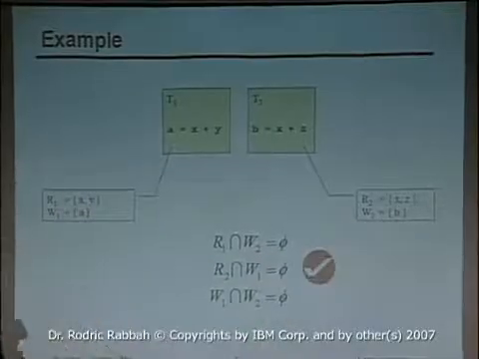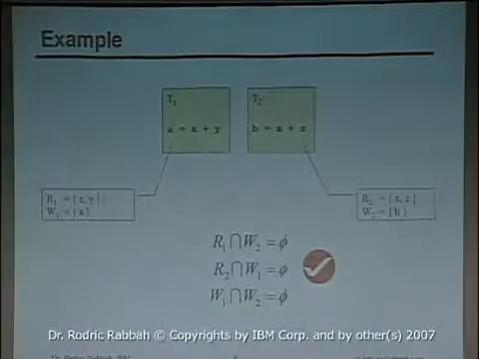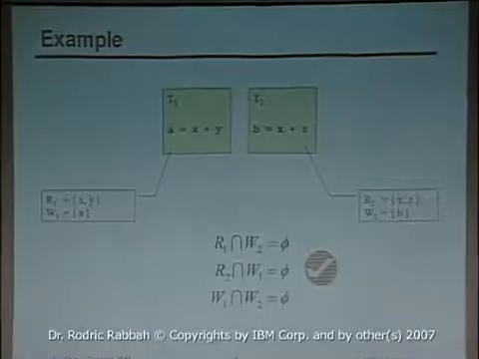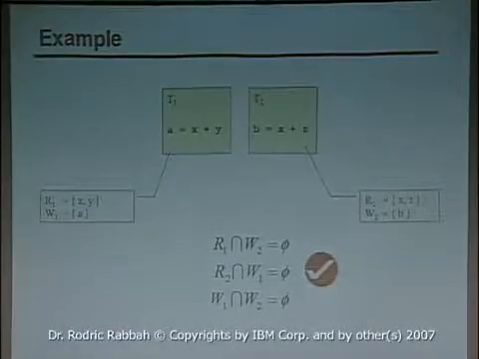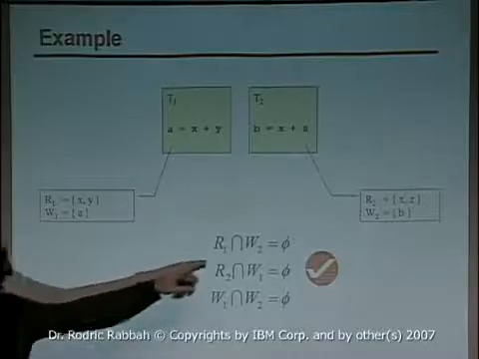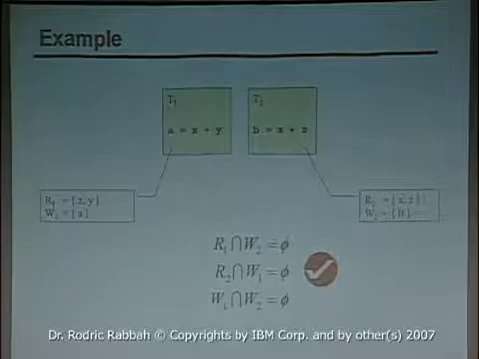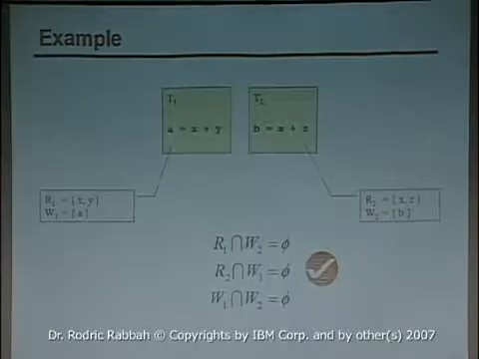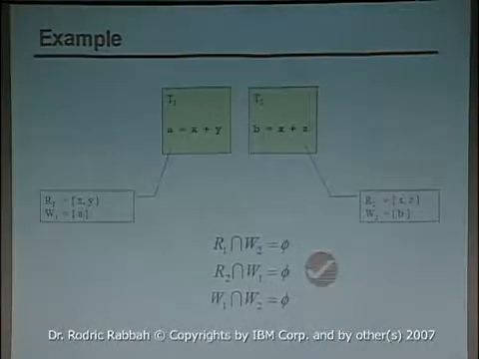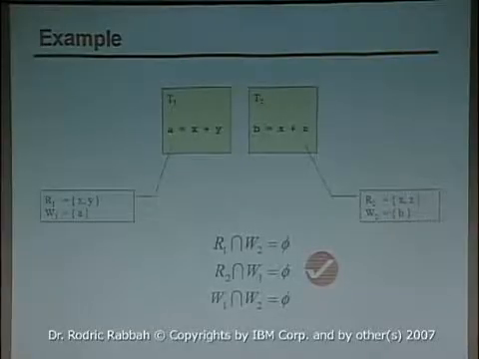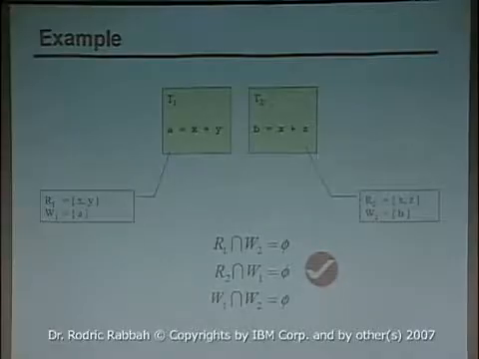Task T2 has x and z in its read set, and it produces one data value b. If we take the intersection of the read and write sets for the different tasks, they're empty. I read something completely different than what's produced in the other task, and vice versa, and they write to 2 completely different memory locations. So I can parallelize these, or run these 2 tasks in parallel. You can extend this analysis, and compilers can actually use this condition to determine when two tasks can be parallelized if you're doing automatic parallelization, and you'll probably hear more about this later on.